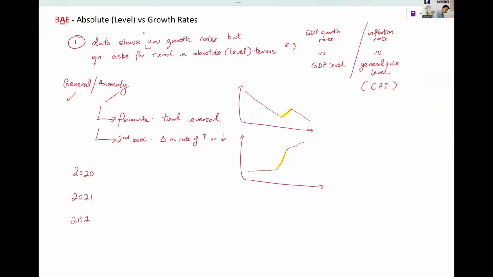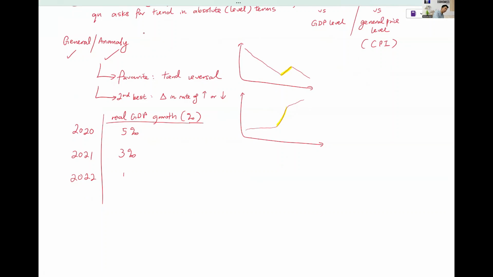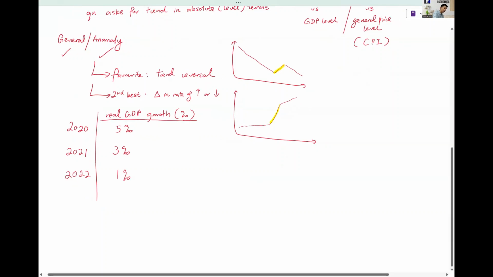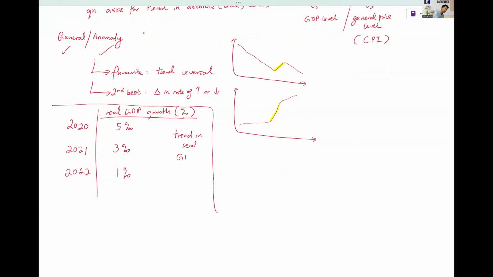2020, 2021, 2022, and let's say this is my real GDP growth rates. Okay, in percentage terms. 5%, 3%, 1%. Can I ask you, what is the trend in real GDP? 2 marks.